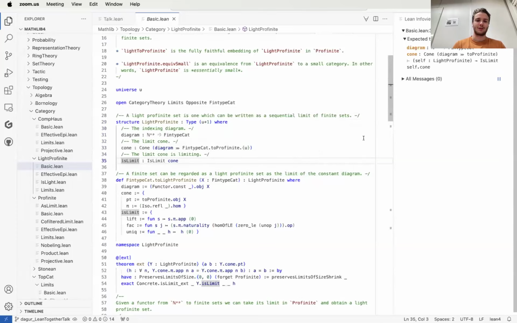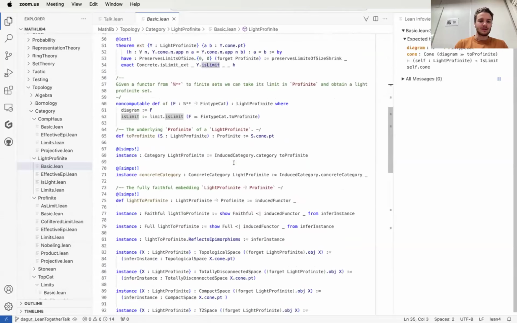It can infer the cone from the third one, but it's quite convenient to be able to access this limit cone directly from the structure. But to be able to prove any results, we need this characterization I mentioned.